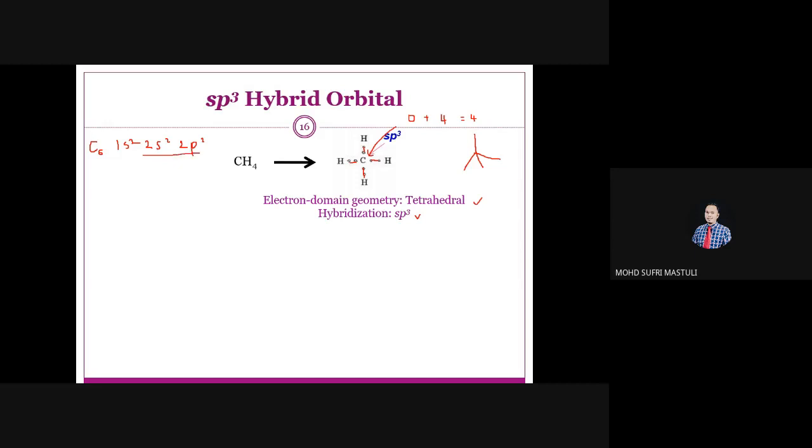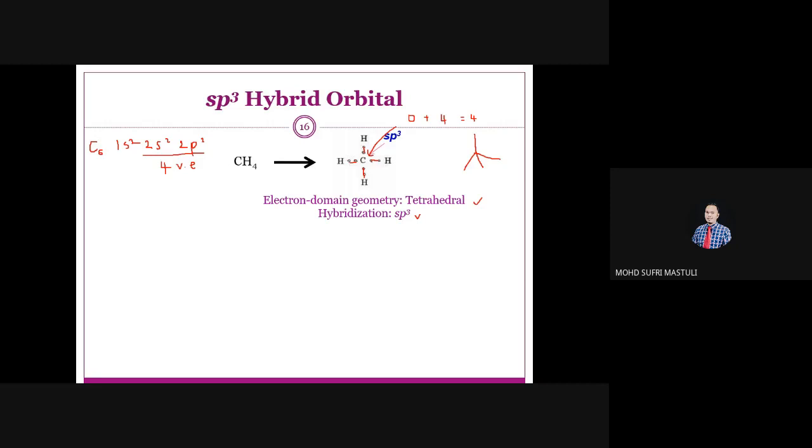So this is the outermost orbital. They have 4 valence electrons: the 1st valence electron, 2nd, 3rd, and 4th. Yeah, this is agreed for the Lewis structure.